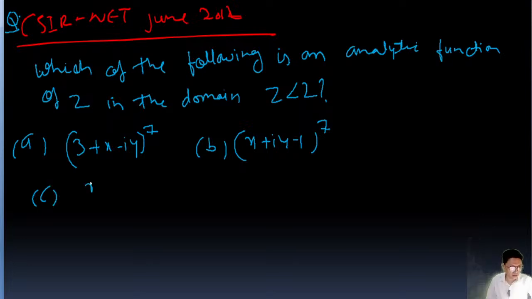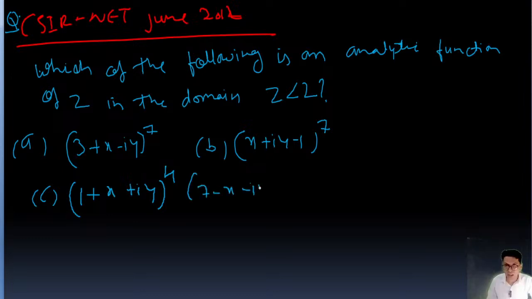C is 1 plus x plus iy to the power 4 into 7 minus x minus iy to the power 3.